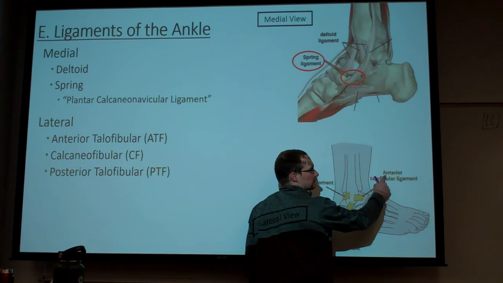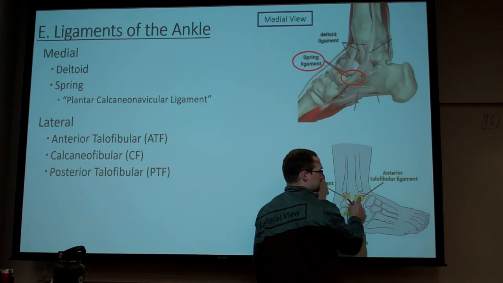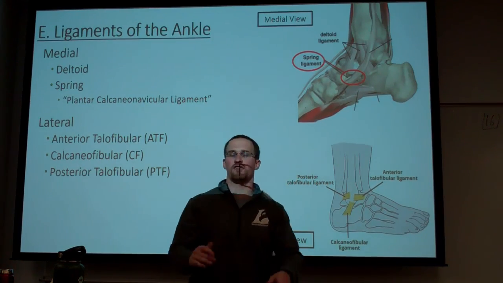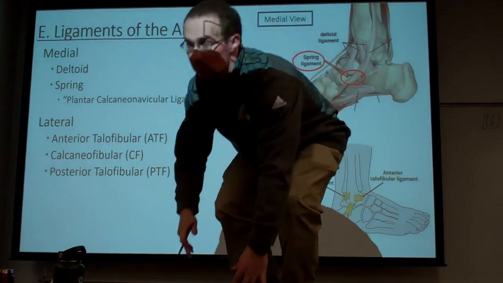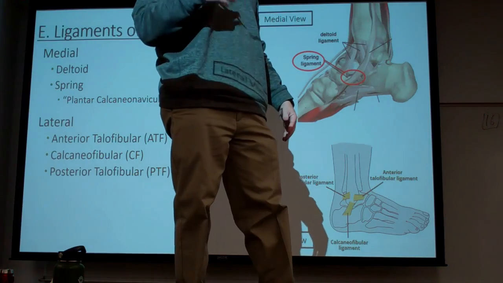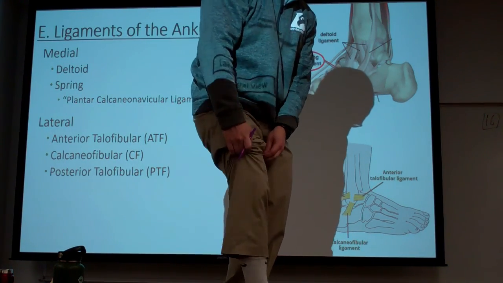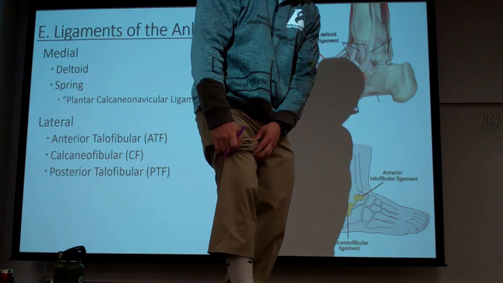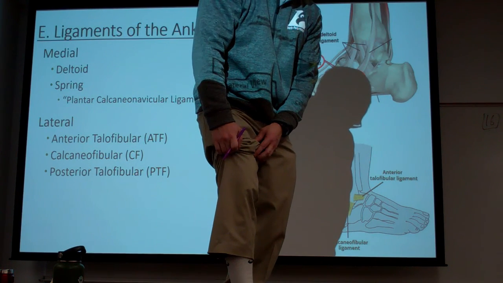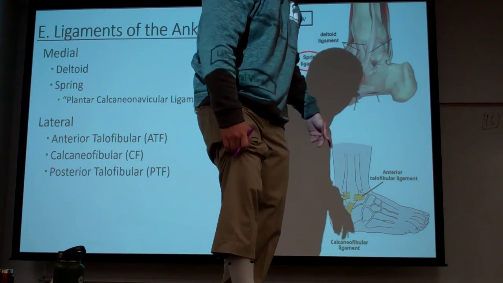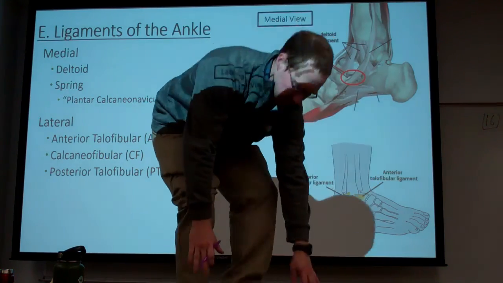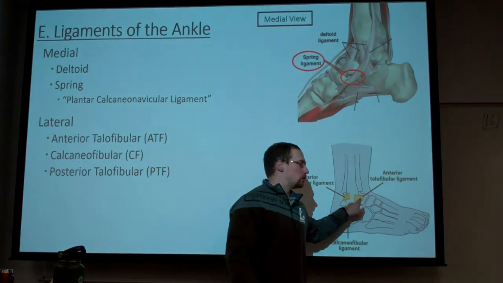Now, specifically the ATF is one of the most often torn ligaments in the body, or stretched. Typically, our foot, we're going to sprain it like this. And oftentimes that's the ligament, the one in front, that rips or tears the most.